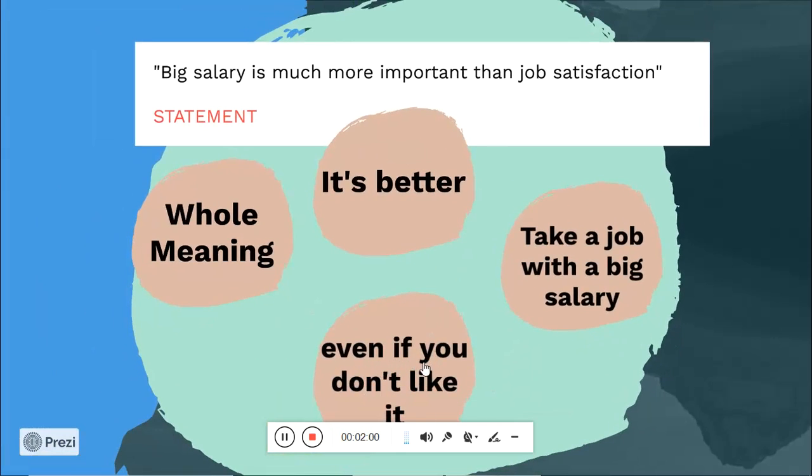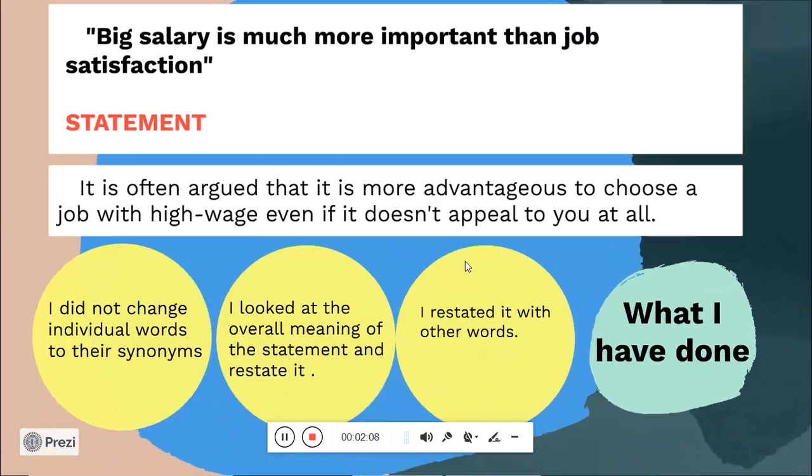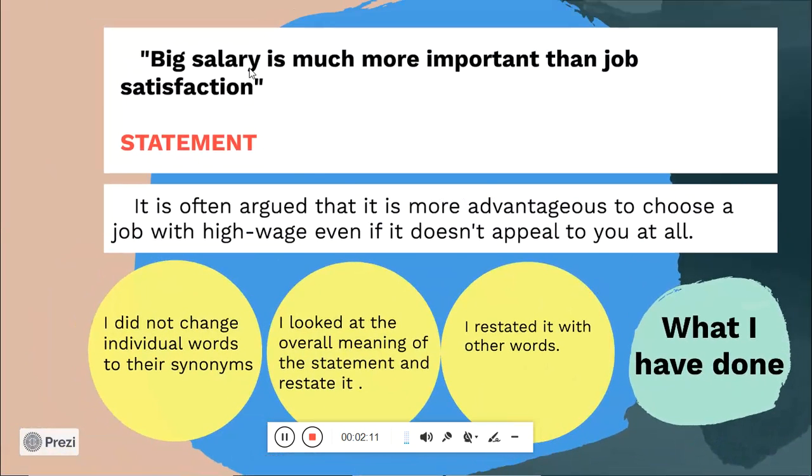Even if you don't like it, you may write even if it doesn't appeal to you at all. Again, when I paraphrase the statement of the question, I get the whole meaning of the statement first, then I paraphrase this whole meaning into another sentence. Okay?